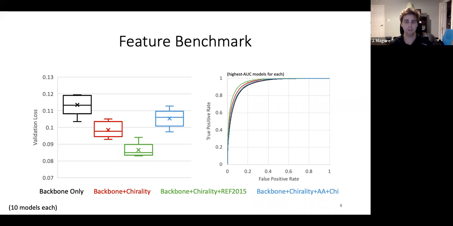This to me is the fun data, and I hope it's not jumping the gun to go straight into the feature thing. We trained the model many times with different completeness of the graph representation. For this first box and whisker, these are 10 different models, showing the binary cross entropy losses.